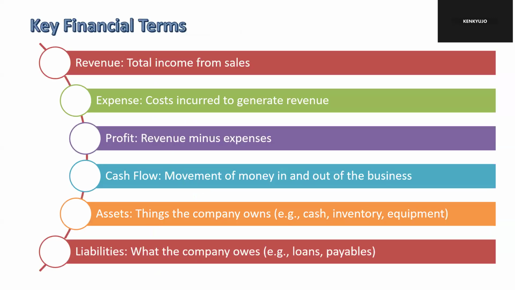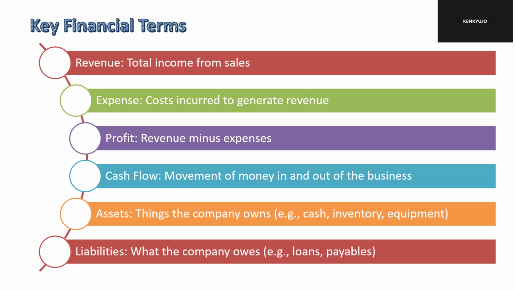Then there are some key finance terms. As I told you previously, I'm going to introduce the financial terminologies. The first one, very famous in finance, which people talk about all the time, is revenue.